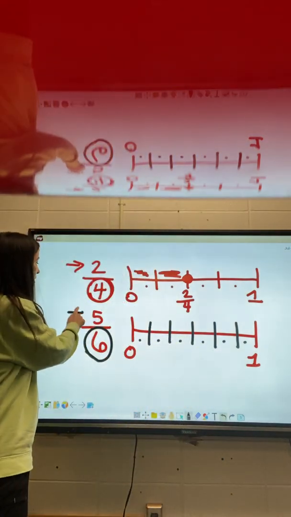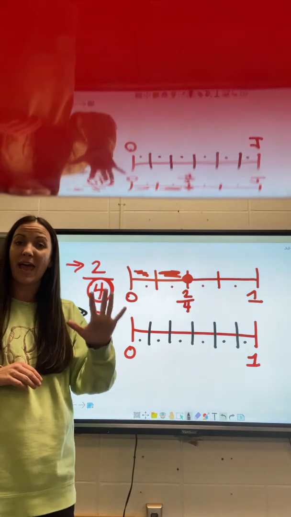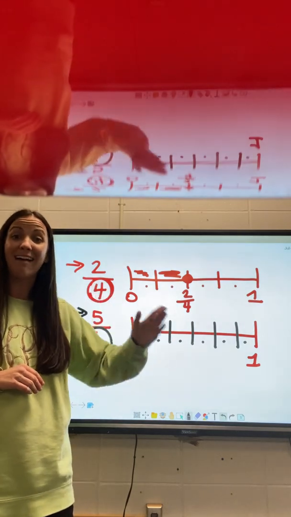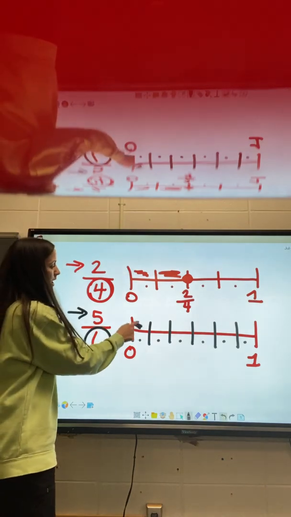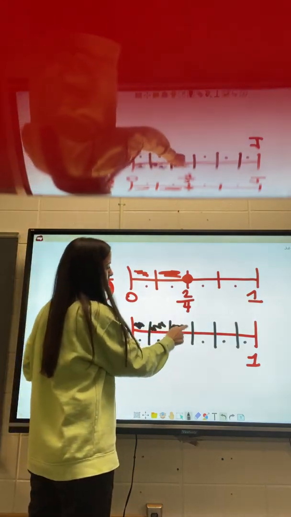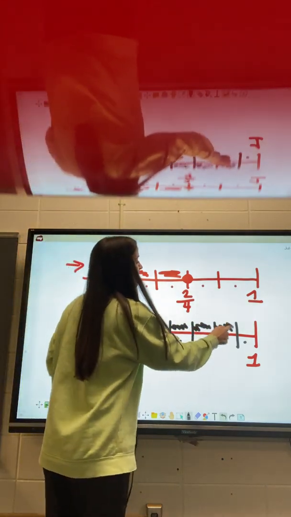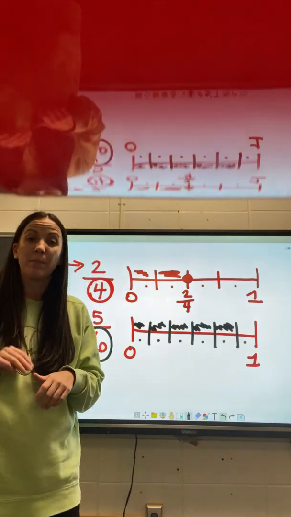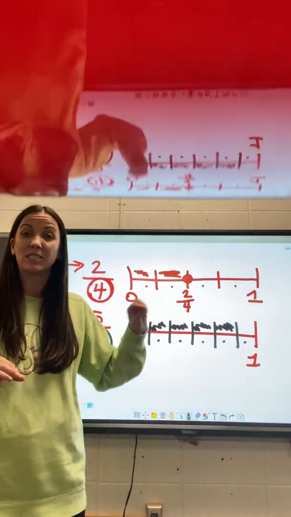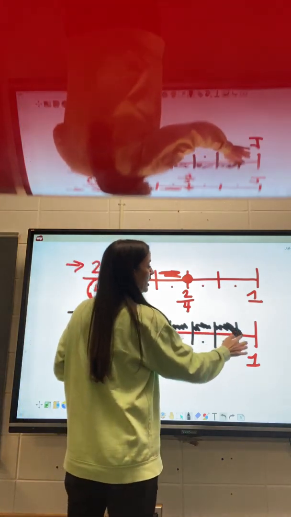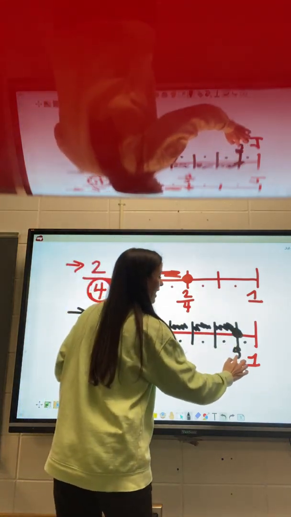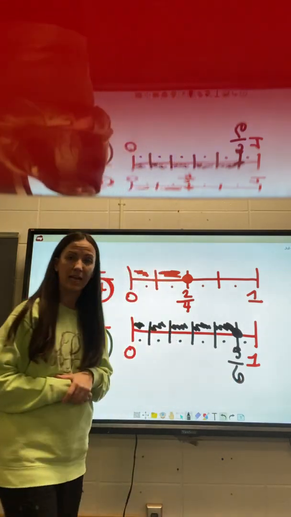The numerator tells me that I need to shade 5. Starting at 0, shade 5, okay? 1, 2, 3, 4, 5. Last thing, plot 5/6 on that fraction number line. So go to where you last colored and label that 5/6.